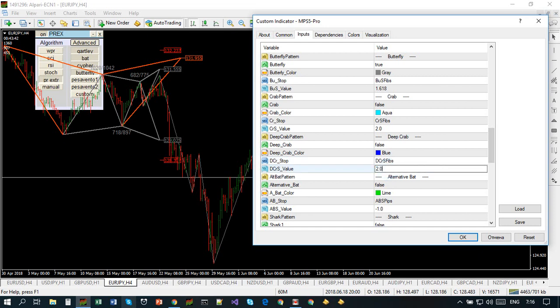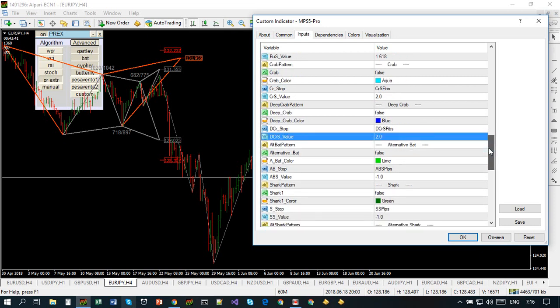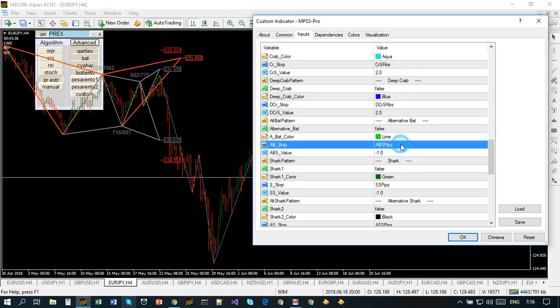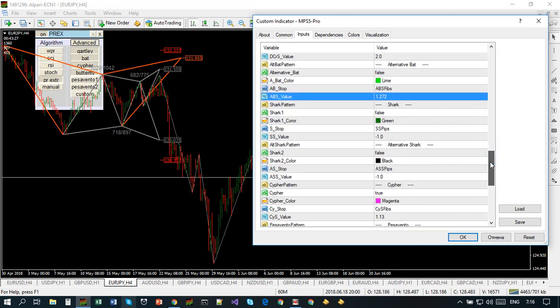So I simply do the settings. Alternative bets, it is advisable to use 127 stop loss, 127.2. Okay, for shark pattern it depends on completion.